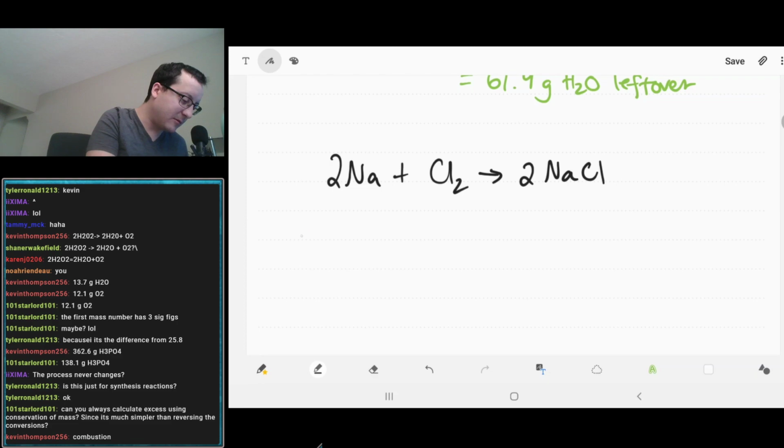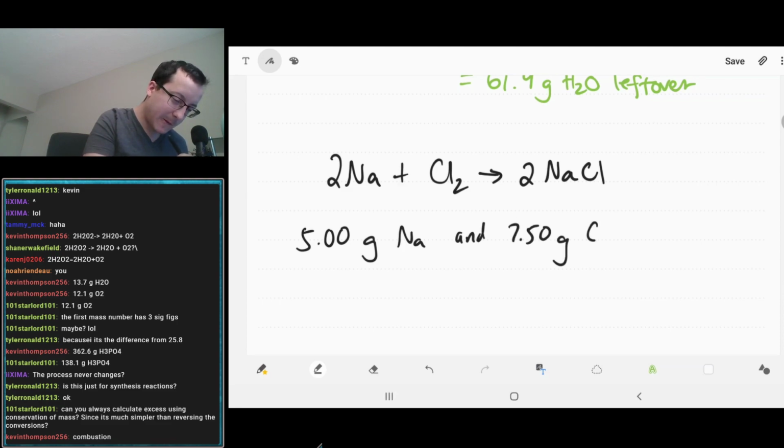Let's use these 2. Combustion, what about combustion? Do you want to do a combustion reaction?